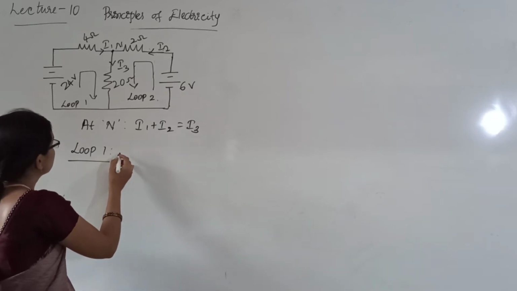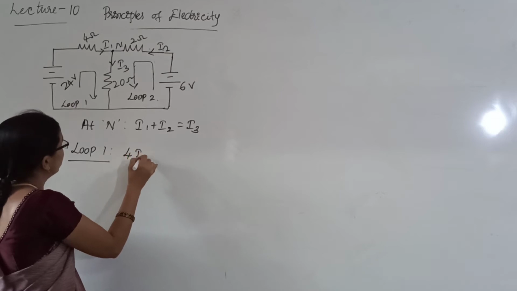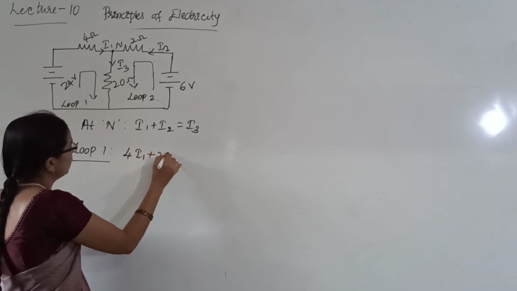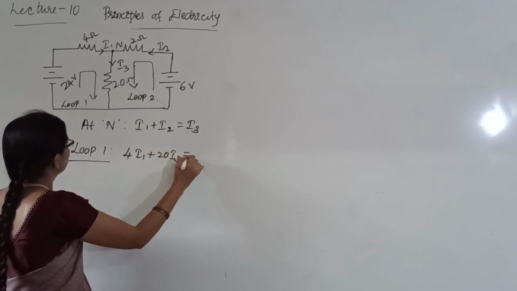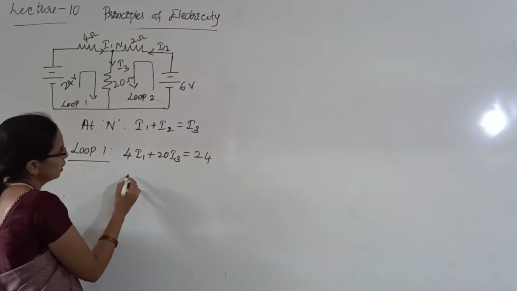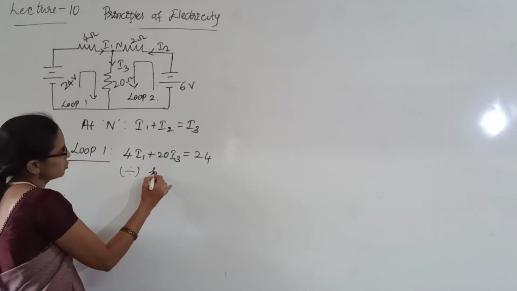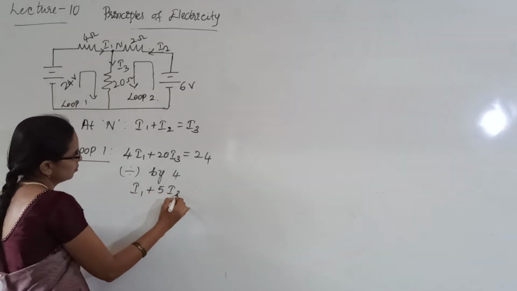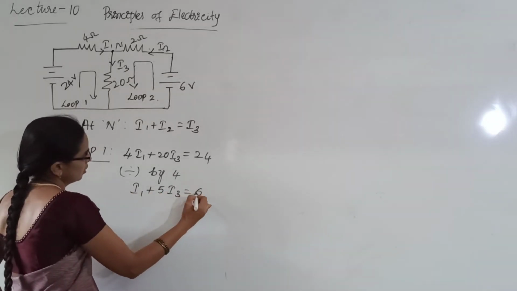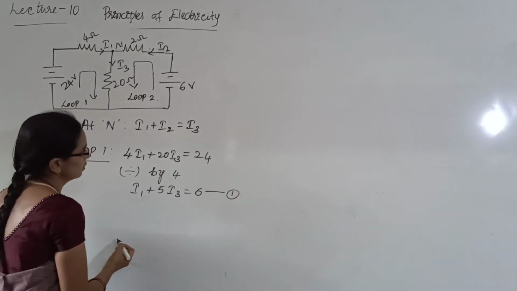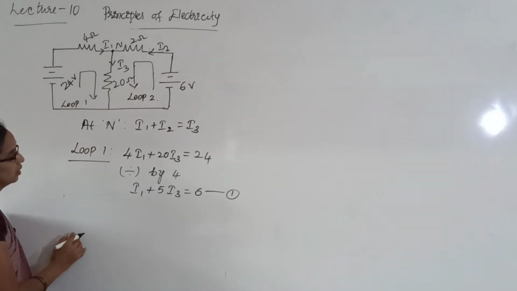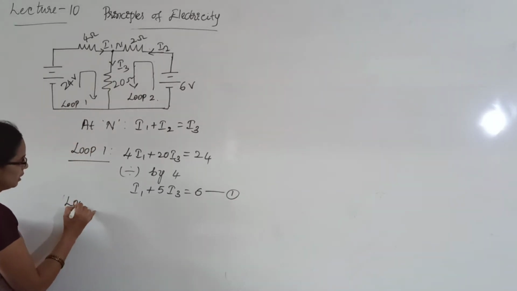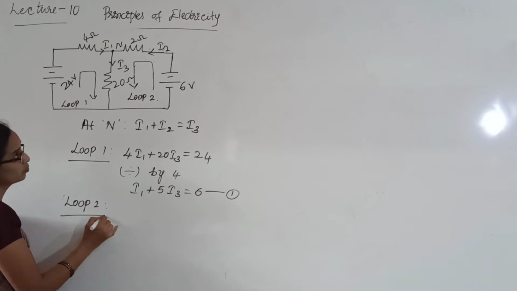What happens? Same thing, 4I1 plus 20I3 is equal to 24. I will divide this equation by 4. I1 plus 5I3 is equal to 6. Call this equation 1. Next, apply KVL for loop 2.